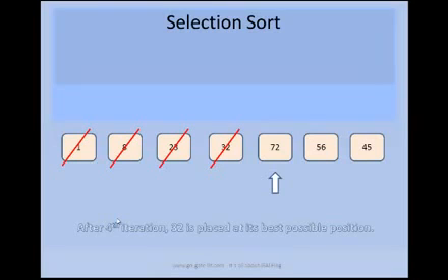After the fourth iteration, we have placed 32 at its best place and we are left with only 72, 56 and 45.